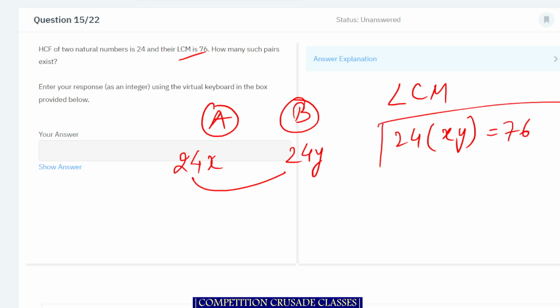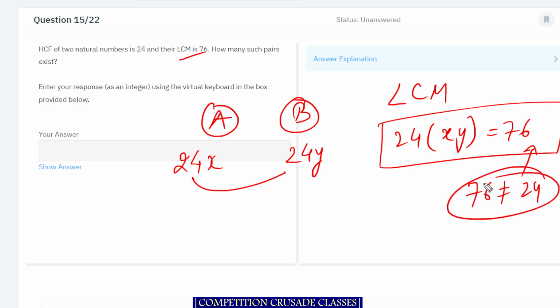Now if you have an idea of the number system, you will realize that 76 is not a multiple of 24. 4 4s are 16, 3 4s are 12, so no. So how many such pairs exist? The answer to this will be none. It's not that it cannot be determined; actually the answer will be 0.